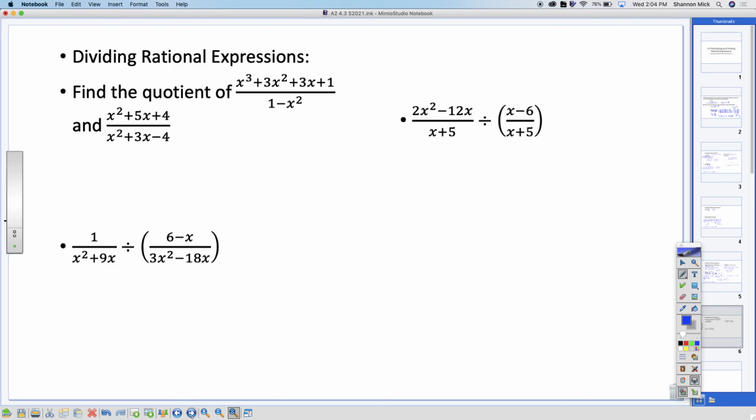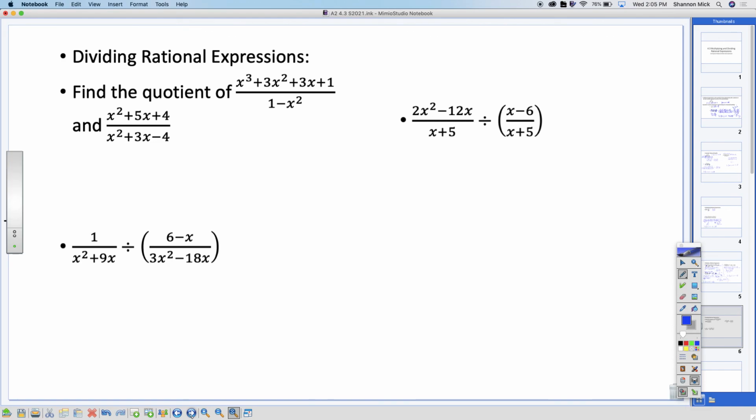Okay, we ready to go to the next ones? The next ones look better, don't they? Oh, I see what's going on. That top one looks very confusing.